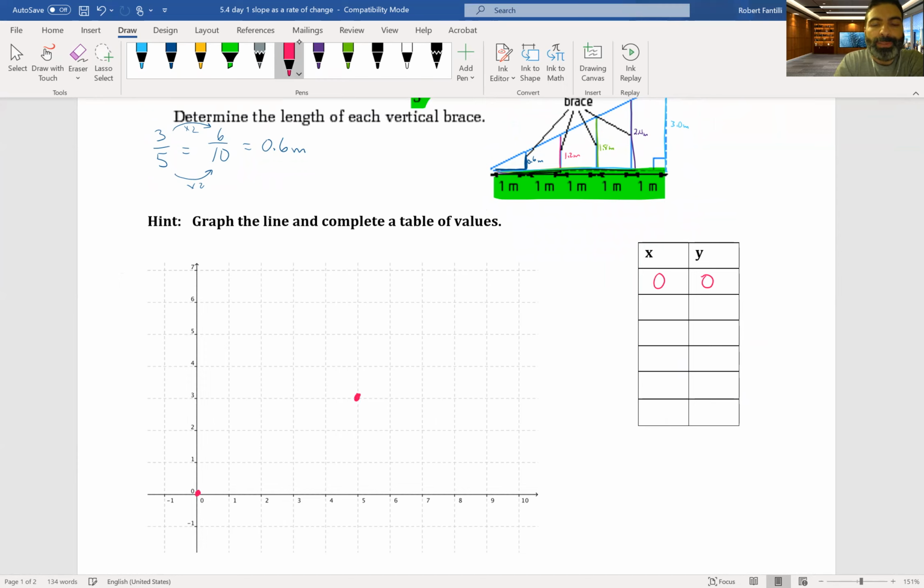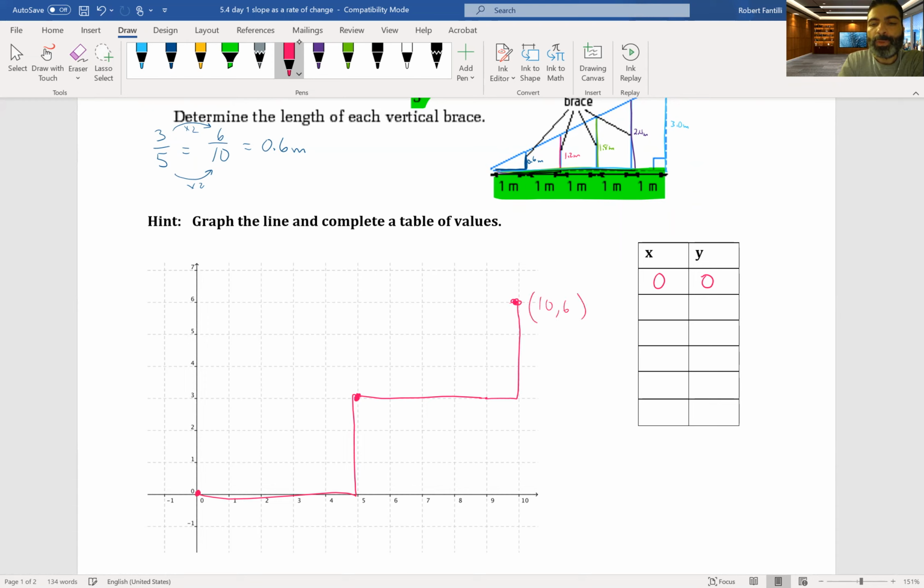We had 5 meters and a rise of 3. If I continue that pattern over 5, up 3, I'd get another one here. Does that make sense? That looks like the coordinate 10, 6.